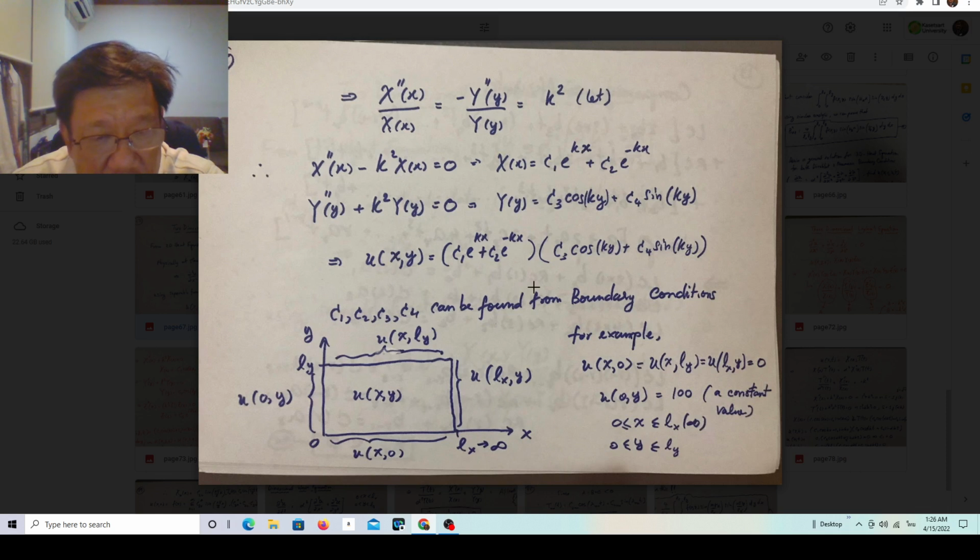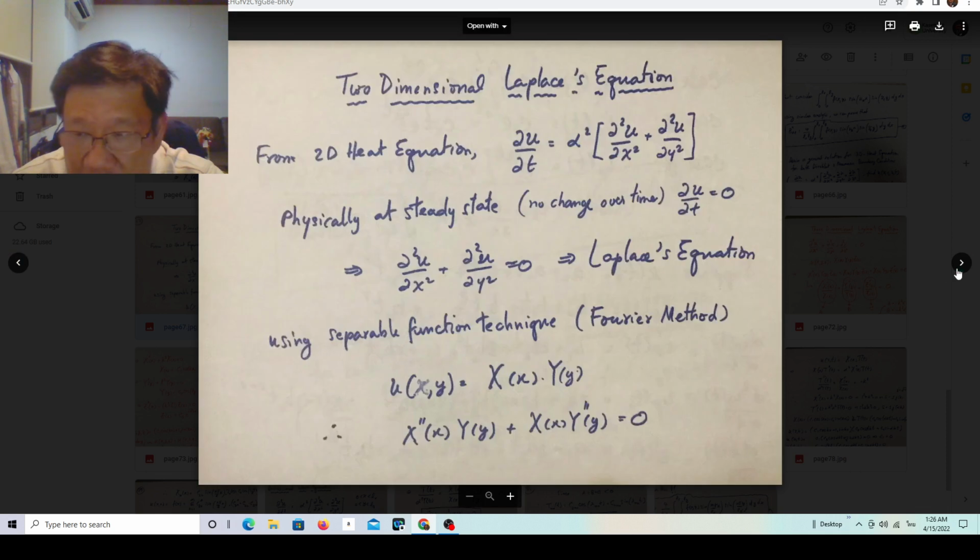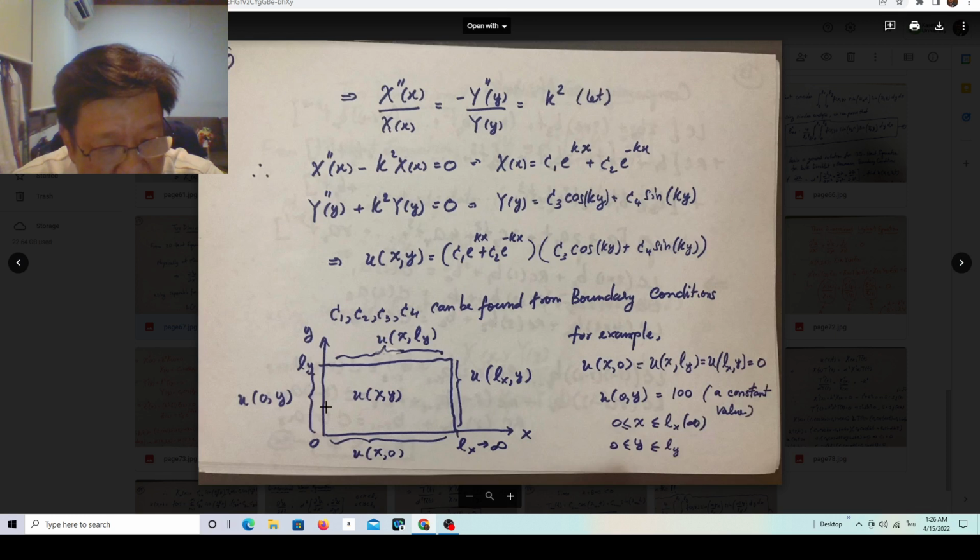We're going to show you graphically the representation of the Laplace equation by looking at this graph. Suppose that you have a rectangular space with a domain where x is between 0 and L sub x, and y goes from 0 to L sub y.